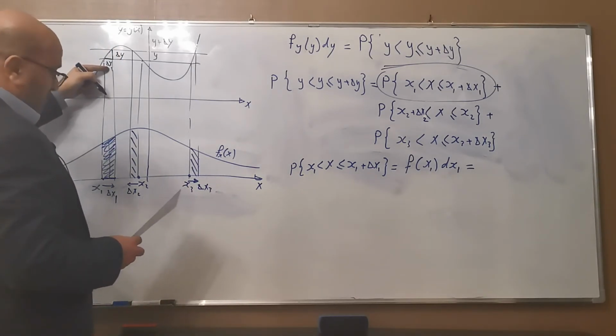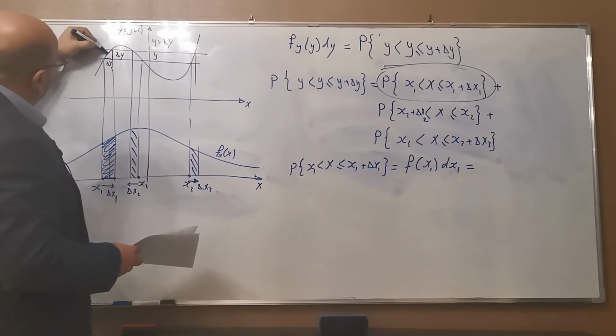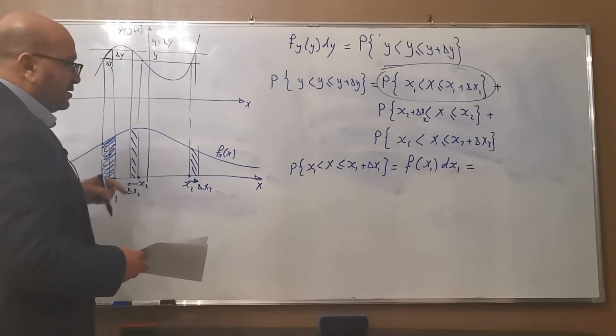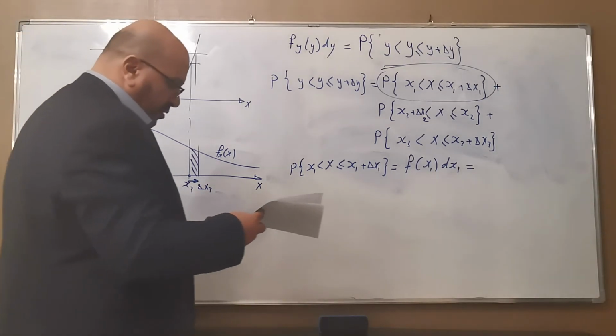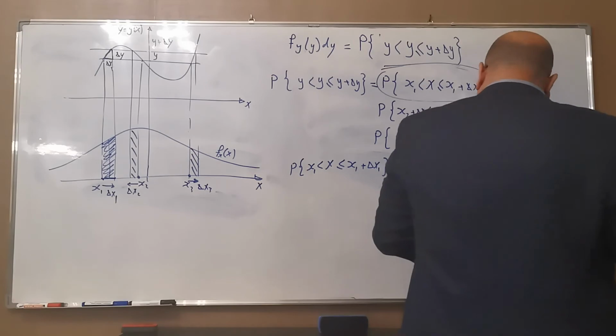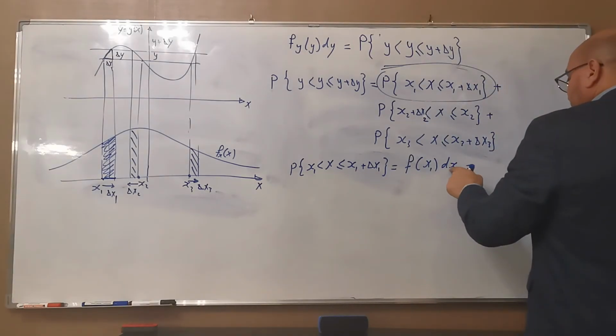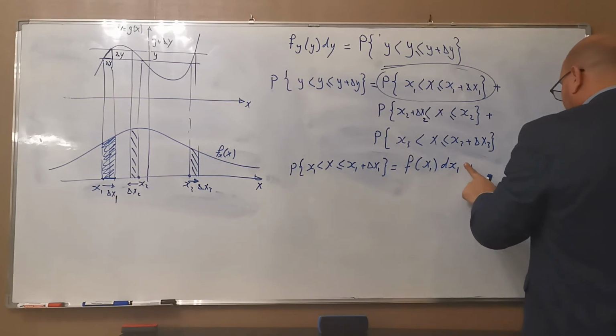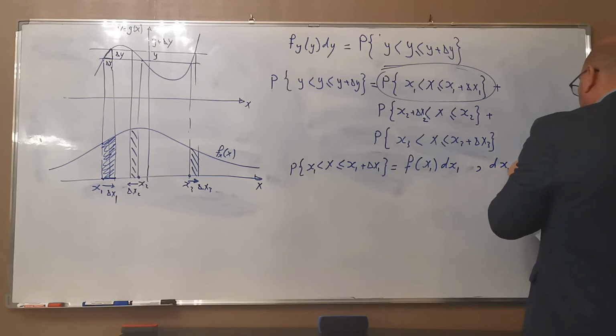So dx1 is related to the slope, g prime of x. So f of x1 times dx1, where dx1 is equal to dy divided by g prime at x1.